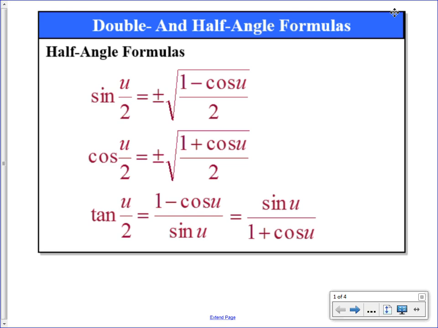Essentially, you're finding sine of U divided by 2. Whatever U divided by 2 is equal to, which is the original angle you're given, whatever quadrant that is in will help you determine whether sine or cosine is positive or negative in that quadrant.